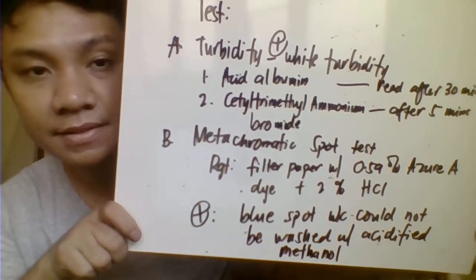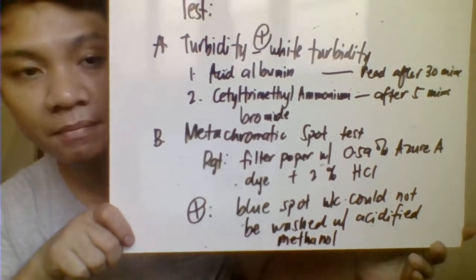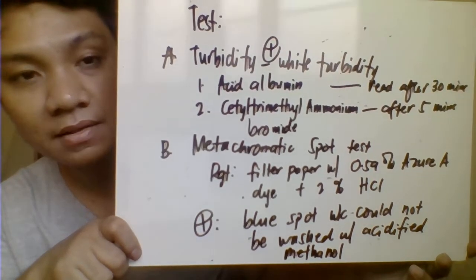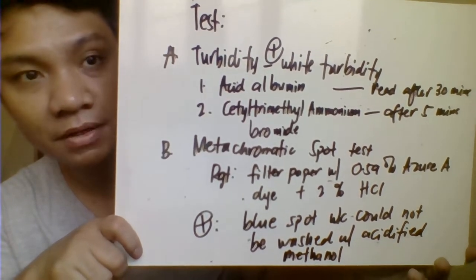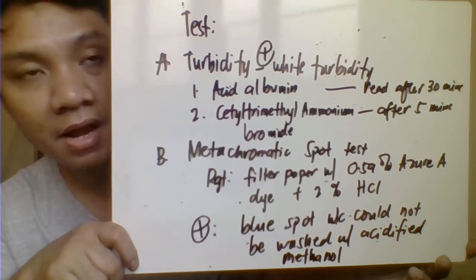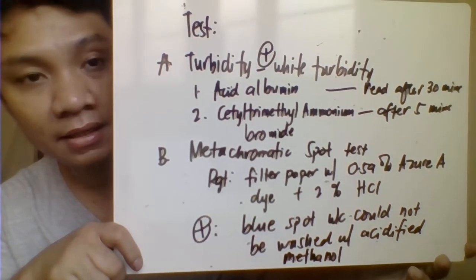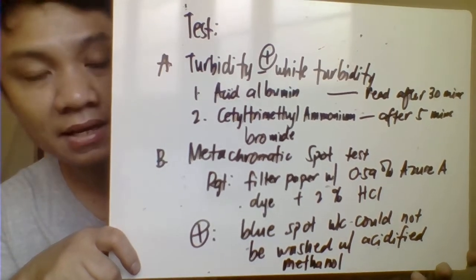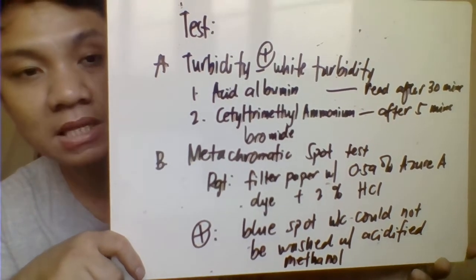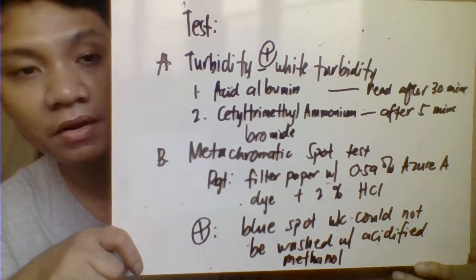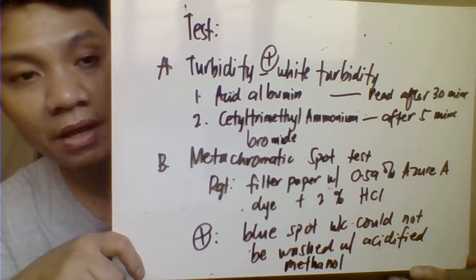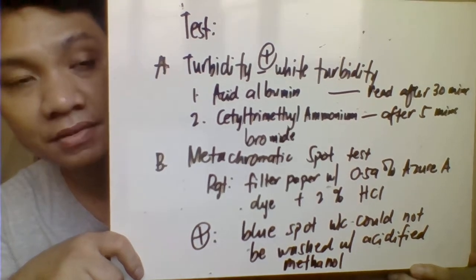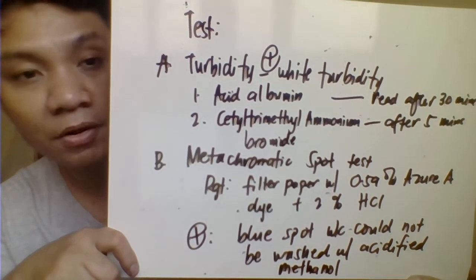We have here the tests for the presence of mucopolysaccharides. Number 1, we have the turbidity test. The turbidity test is just the addition of your agent, then observing for turbidity, and quantitating it with a 0 to 4 grading depending on how much turbidity is produced upon addition of the reagent. Examples are the acid albumin test and CTAB, or cetyl trimethyl ammonium bromide.